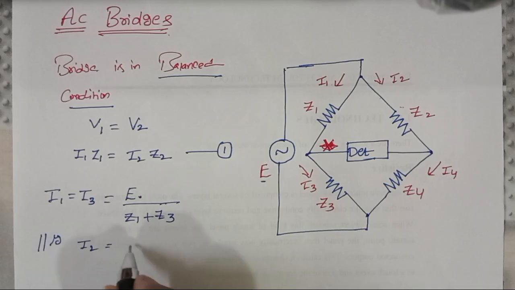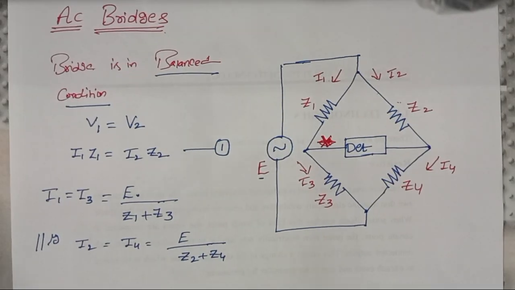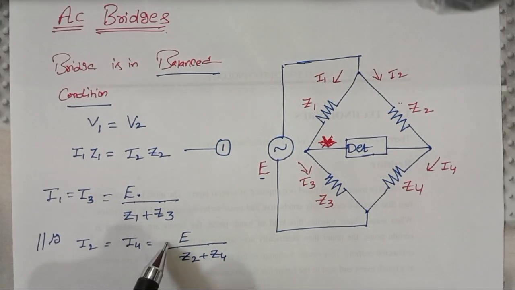Similarly, I2 equals I4 equals E by Z2 plus Z4. Substitute these two values in equation 1.